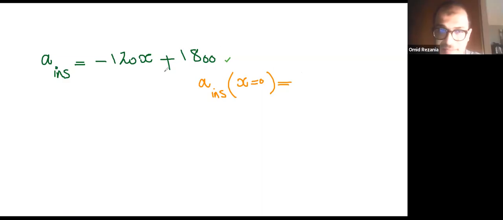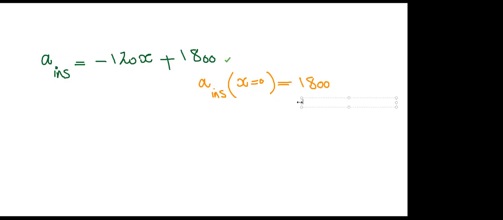You put x equal to 0, then you get 0 times minus 120 becomes 0, then you get only 1800. Correct? Yes, that's right.